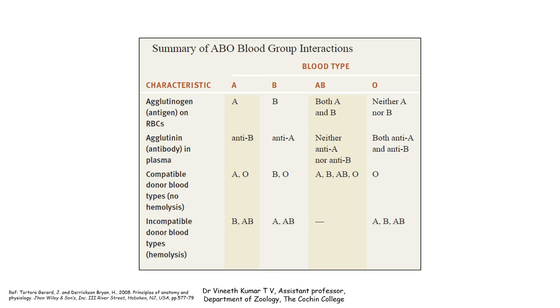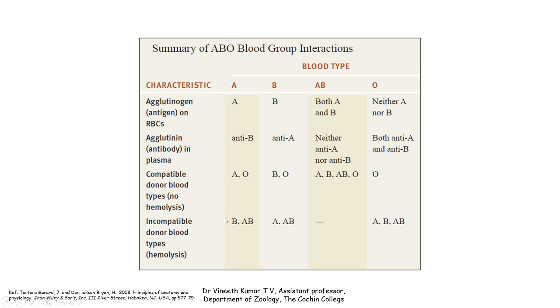This is a chart which shows the summary of the ABO blood group interactions. You can see here that in the case of A blood group, the antigen is A and the antibody is anti-B, and the compatible blood groups are A, and O, being a universal donor.